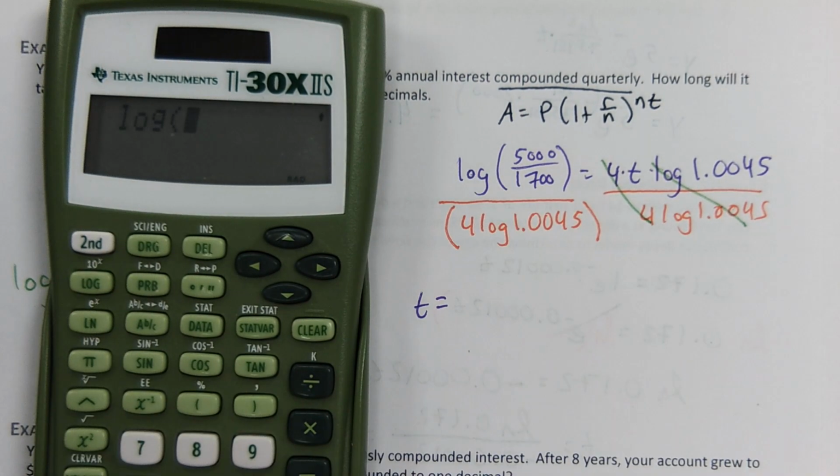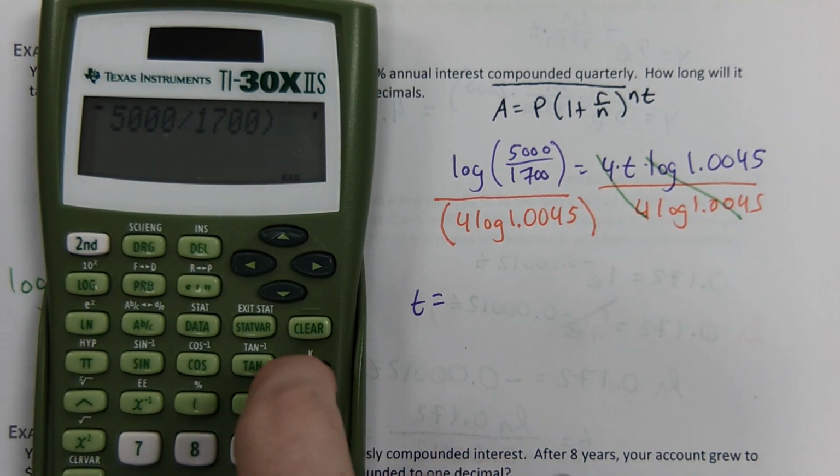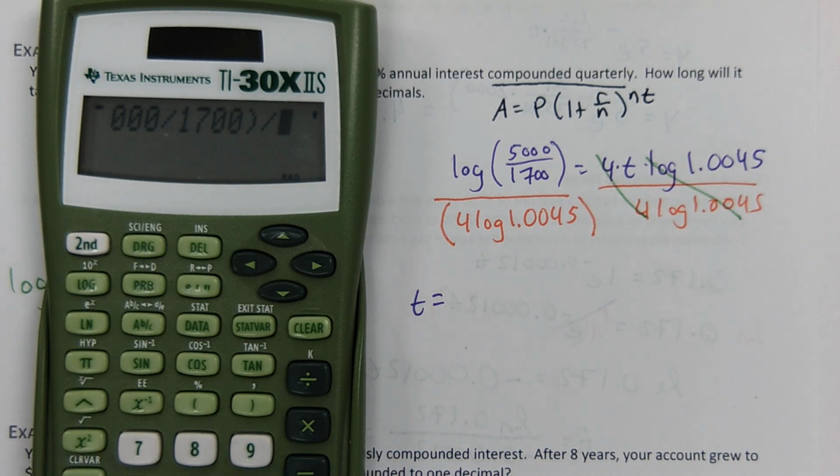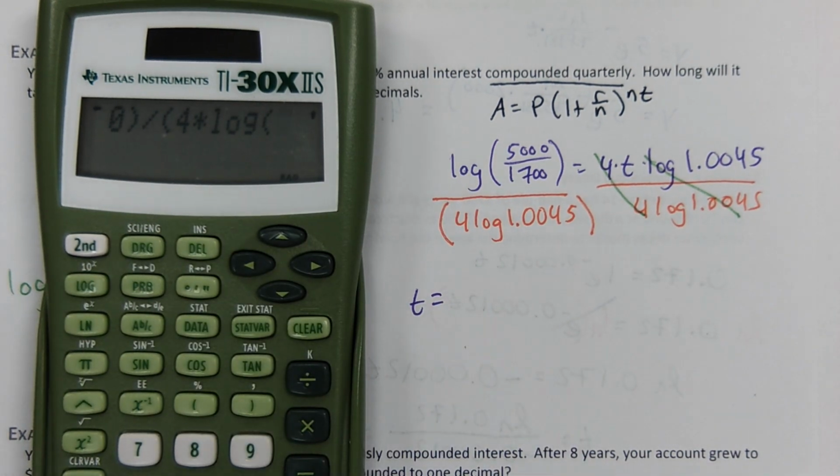log of 5, 1, 2, 3, divided by 1700. I'm closing the argument. Divided by. I can see that there's multiple objects in this denominator, so I'm going to tell the calculator, my denominator starts here. 4 times log of, log open its own parentheses, 1.0045.